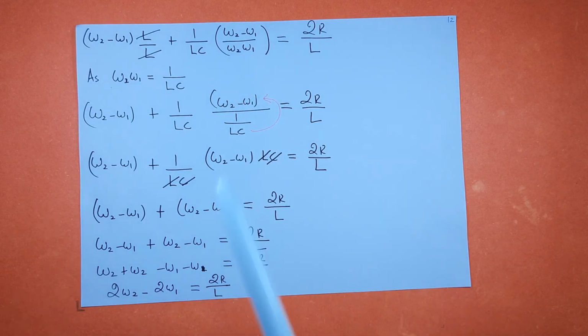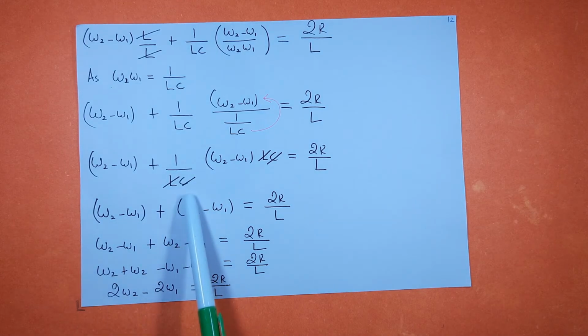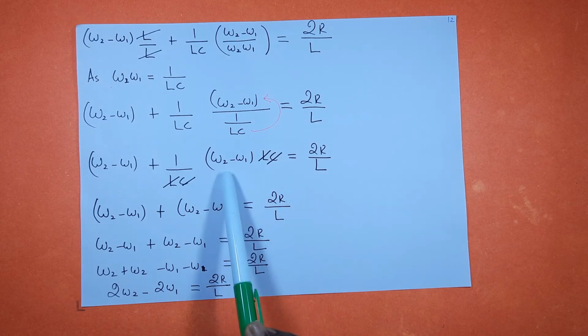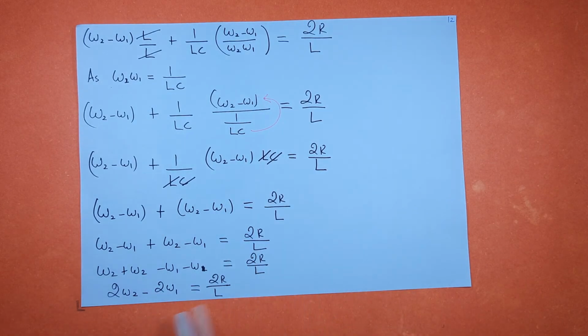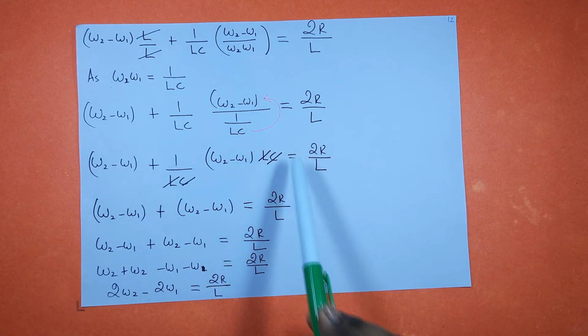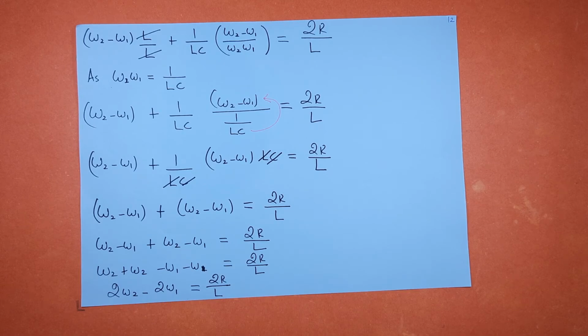You take this LC upstairs. (Omega 2 minus omega 1) plus 1 by LC (omega 2 minus omega 1) multiplied by LC equal to 2R divided by L. So L and L get cancelled, C and C get cancelled.